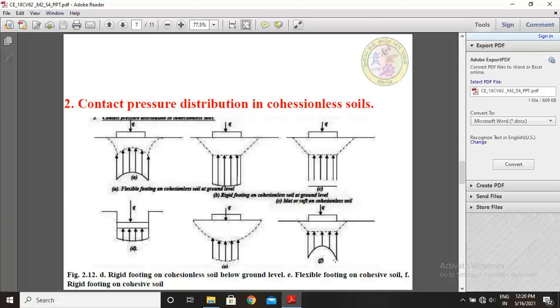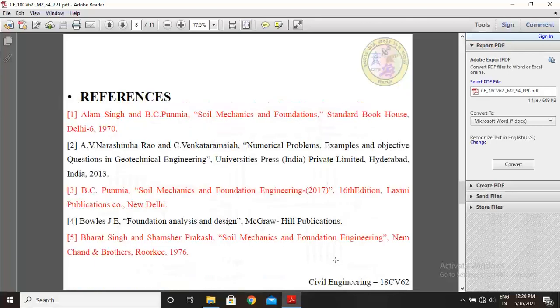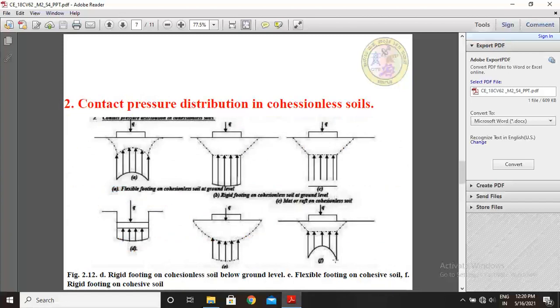Contact pressure is also calculated in terms of equations. The relative rigidity is defined as Kr equal to 1 by 6 times (1 minus vs squared) by (1 minus vf squared) into Ef by Es times (L by B) cubed. This is the equation. With respect to the above diagrams, all the figures show the contact pressure distribution of circular and strip footings for different values of relative stiffness.